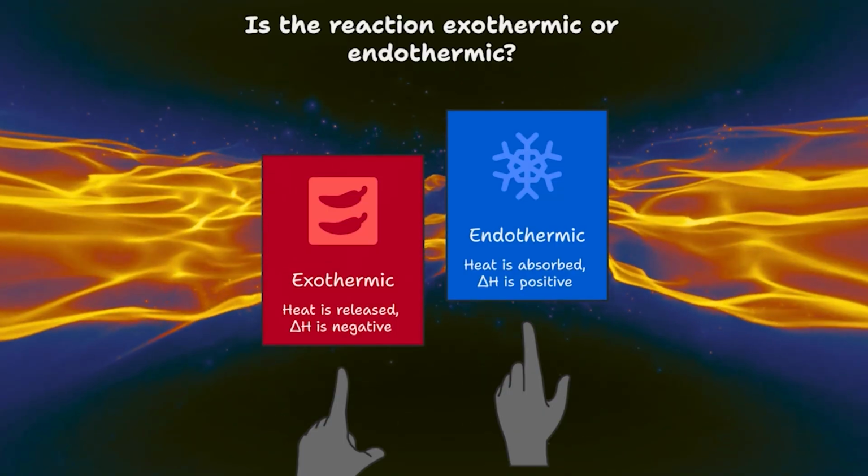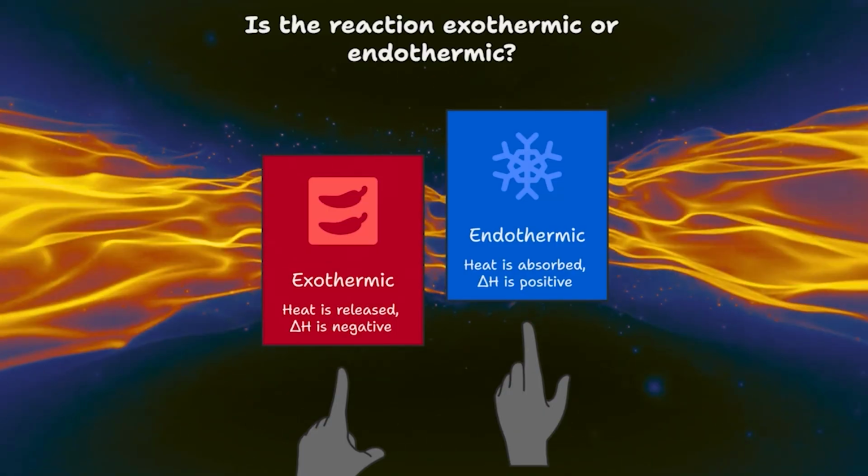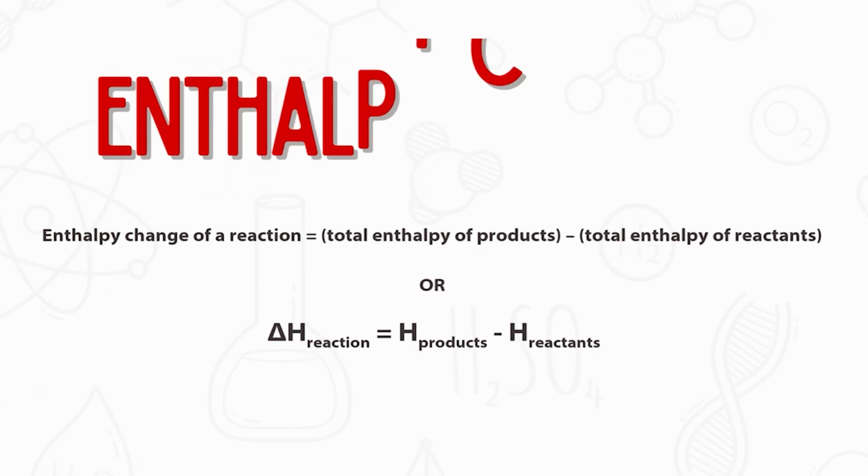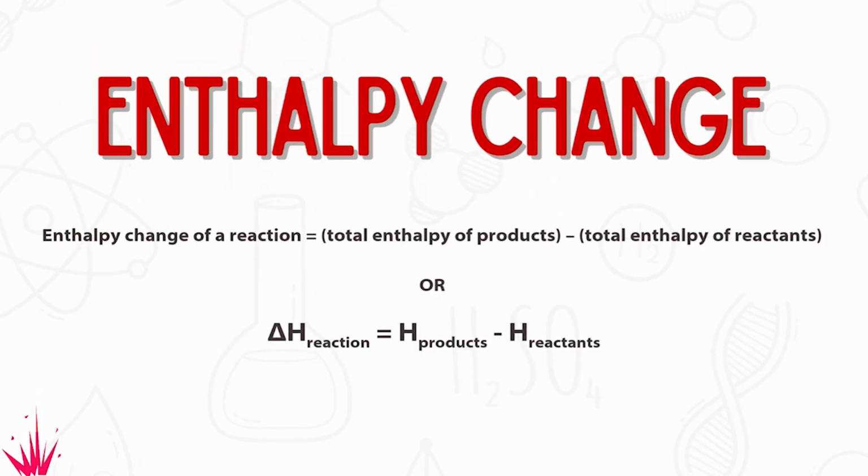But if delta H is positive, that means that your reaction was endothermic and heat was absorbed. The enthalpy change of a reaction is summarized by the following formula: enthalpy change of a reaction is equal to the total enthalpy of your products minus your total enthalpy of reactants, or delta H reaction is equal to H products minus H reactants.